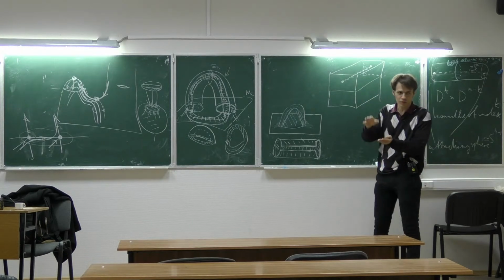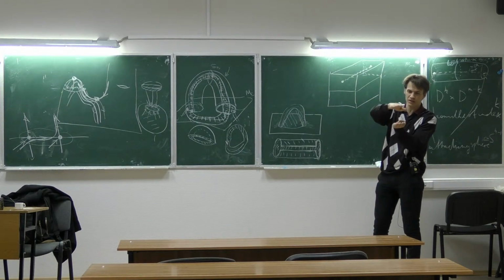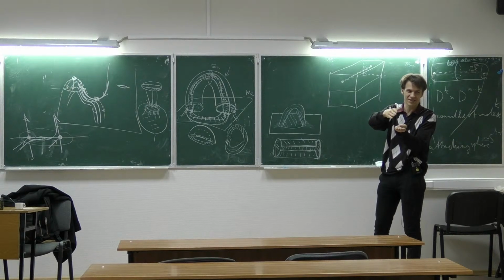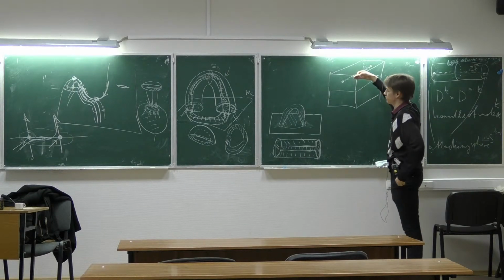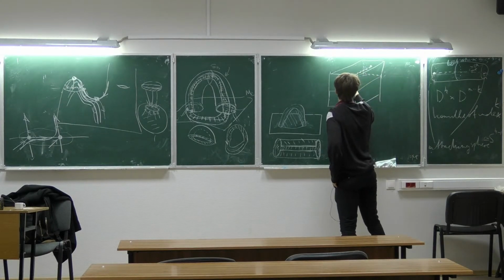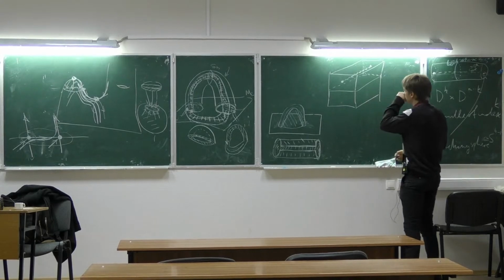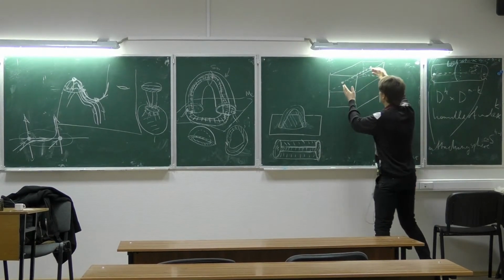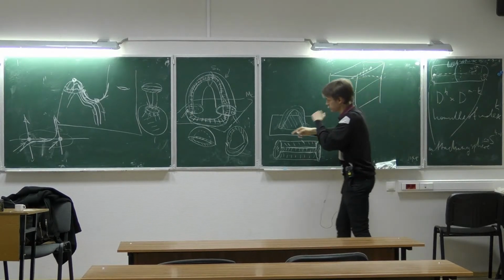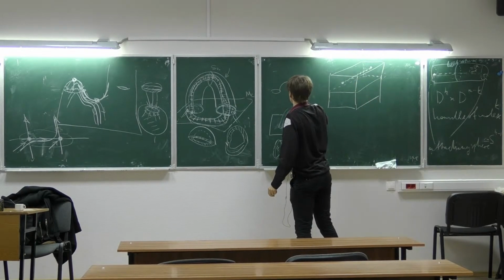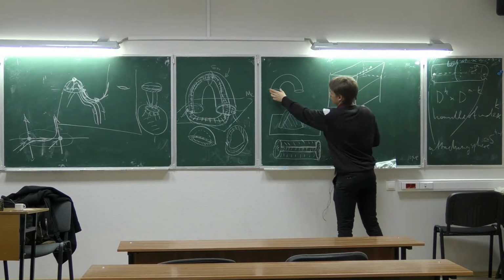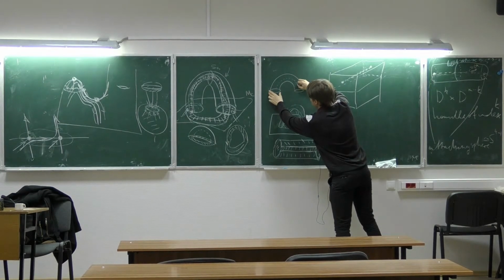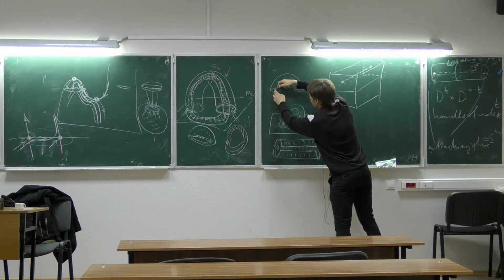So there are two handles, one and the other, and they will be two parallelepipeds. One will be put on the other, just as in this picture. So these are two handles. How are they attached? Clearly, the first handle will correspond to this handle that we are attaching here, and it has a core here, the core disk.